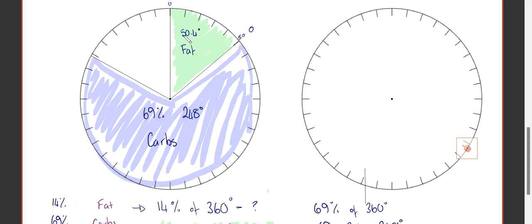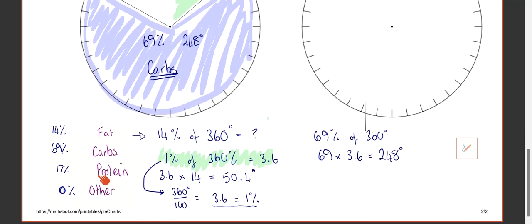So I've gone with 50 degrees, which would be 14% of fat. I've got my carbs. And probably what's left is protein, but you've got to do that tiny sliver. Well, we called that 0, haven't we? That's kind of why we did it.